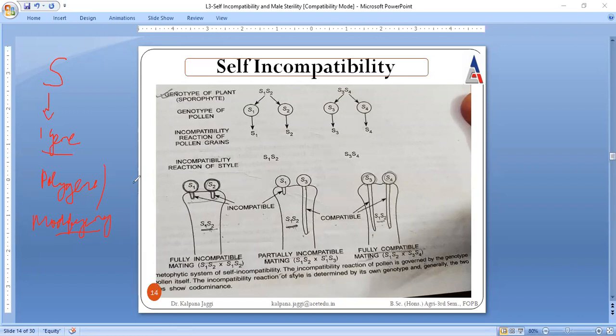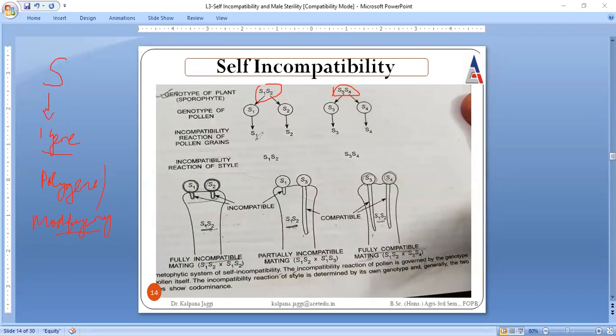Here the style is having only the S allele. That genotype is S1, S2, and here is S3, S4, right? If it is S1, S2, then it is going to give rise to S1 and S2, and it is going to give rise to S3 and S4, because both the gametes are different.